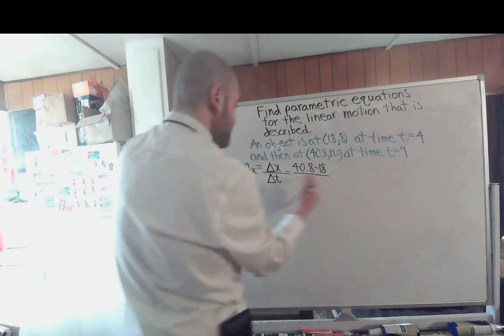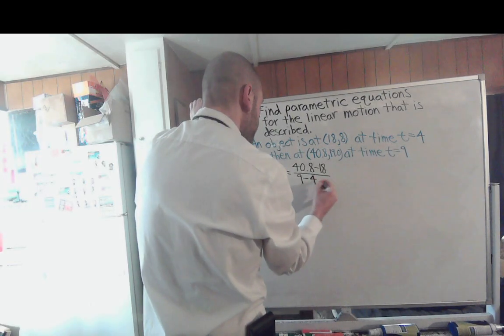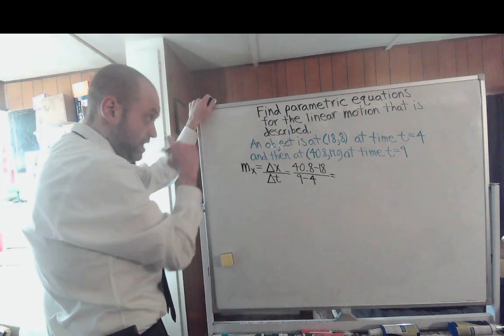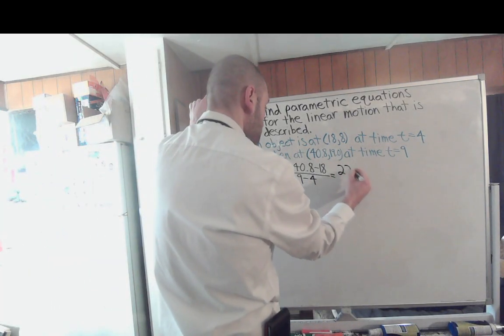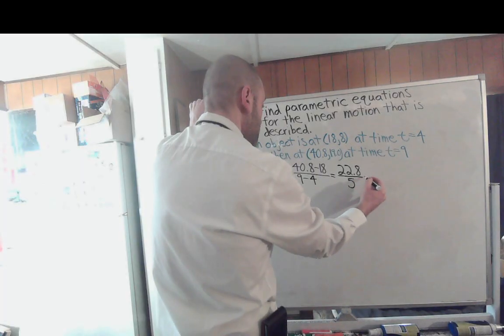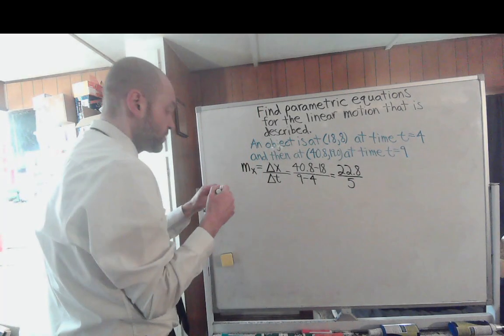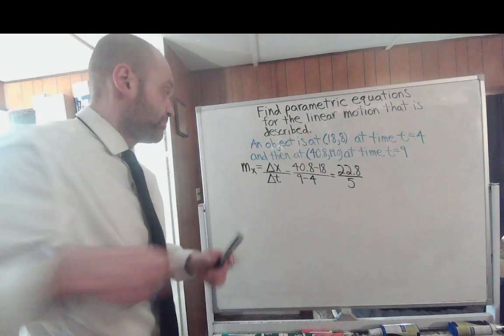My second t is 9 minus my first t of 4. That's going to end up giving me 22.8 over 5, which I know I can get in a simpler way.